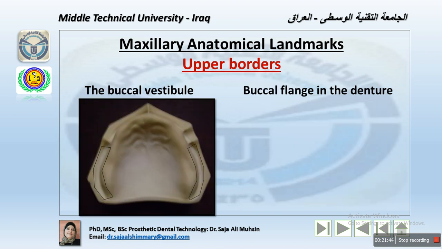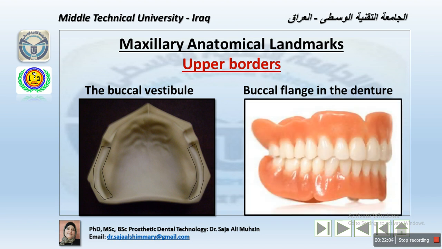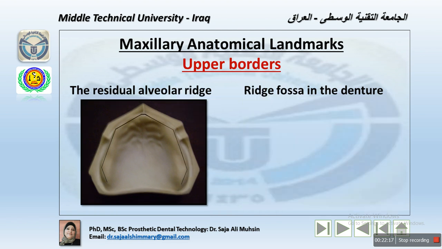The buccal vestibule extends from the buccal frenum to the end of the ridge, until the posterior palatal seal area starts, and this will be the buccal flange in the denture. Of course, we should finish and polish it properly with a round surface to avoid cutting the smooth surface of the patient's sulcus.